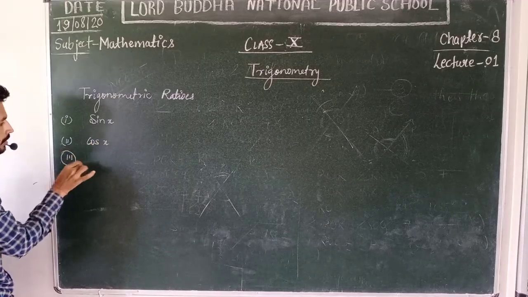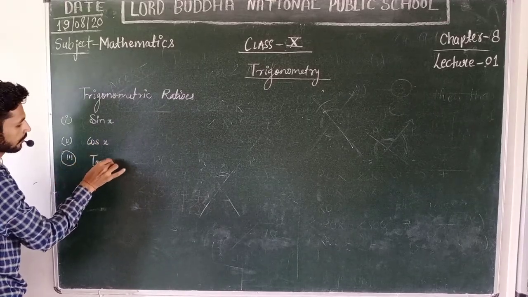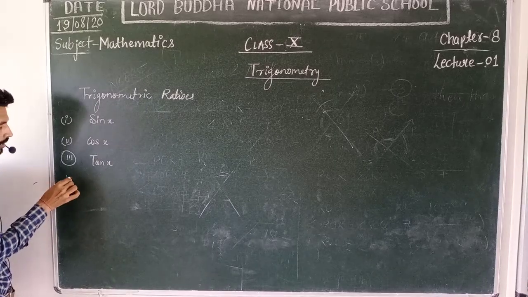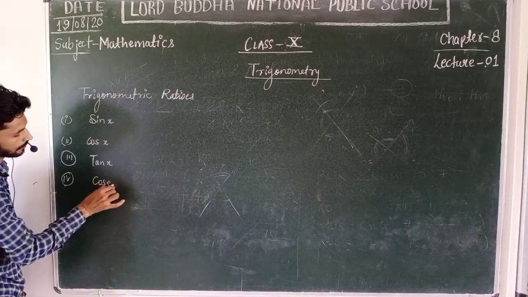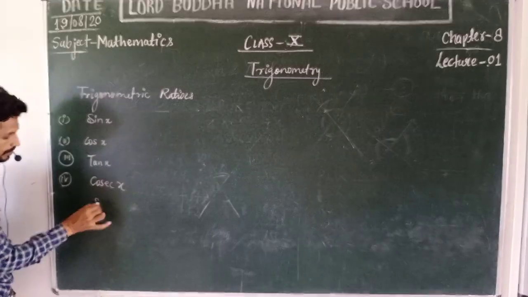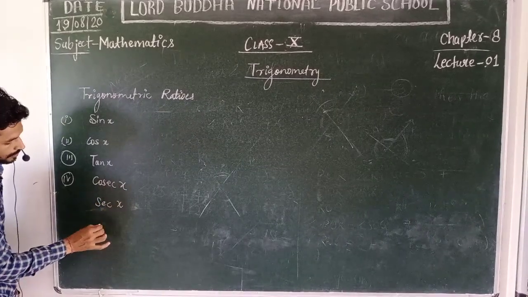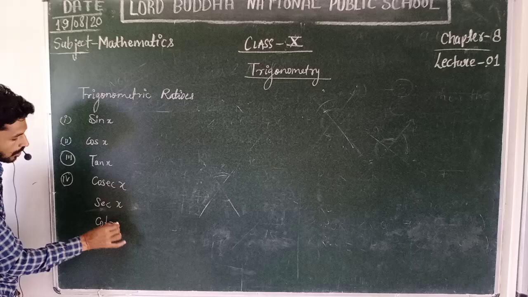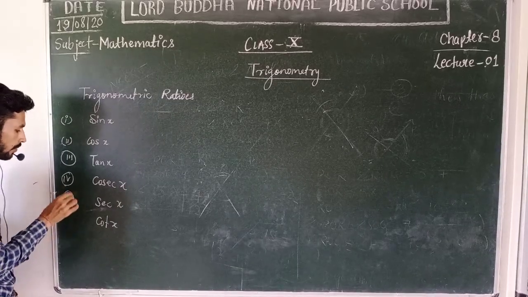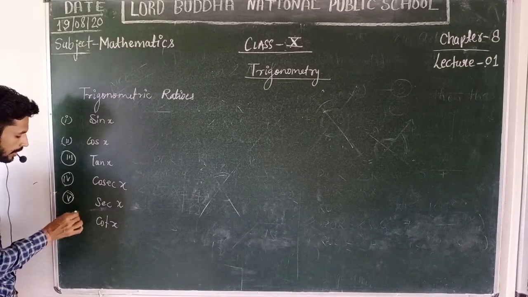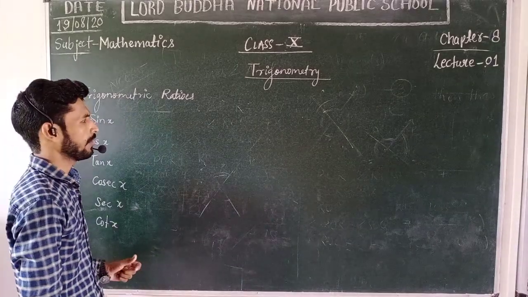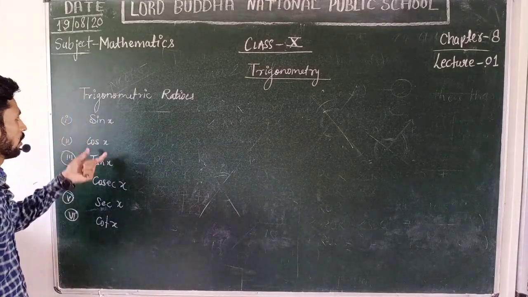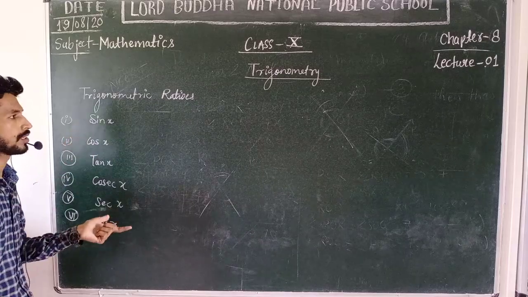Third, tan x. And cosec x, sec x, and the last one is cot x. So there are only 6 trigonometric ratios like this, and we have to study these trigonometric ratios.